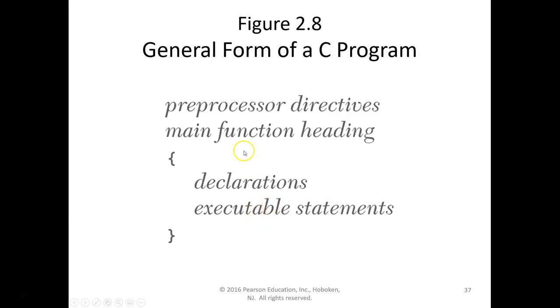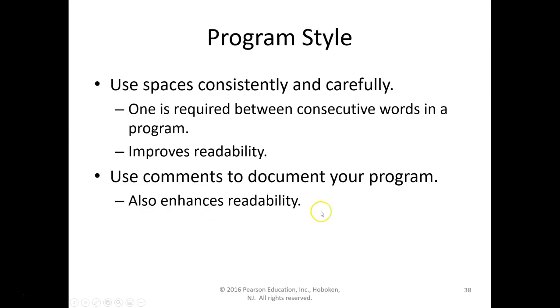So what is the general form of a C program? We saw we have a preprocessor directive, where you get your standard input output so that you can use the print and scan. And then you have your main function, and then you have a declaration, and then you have an executable statement.